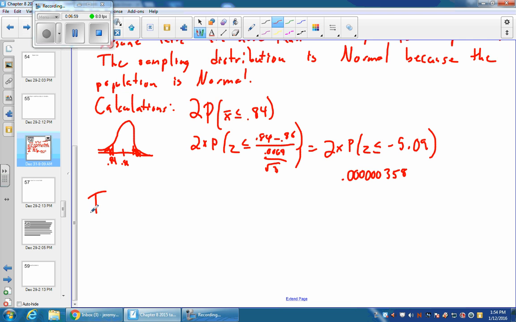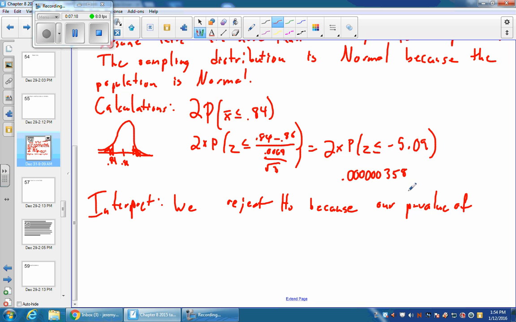So in my interpretation, we reject our null hypothesis because our p-value of 0.000000358 is below our alpha level of 0.01 in this particular problem.